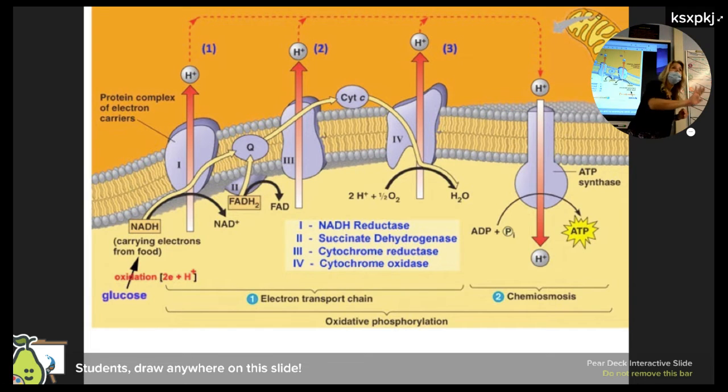We want that to happen because the only way they're going to get out there is by reductase and cytochrome oxidase. And if we can keep those hydrogen ions out there in concentration, they'll want to come back what? In. And they come back in through the ATP synthase complex, and now I can generate ATP. That's where I make a lot of my ATP.